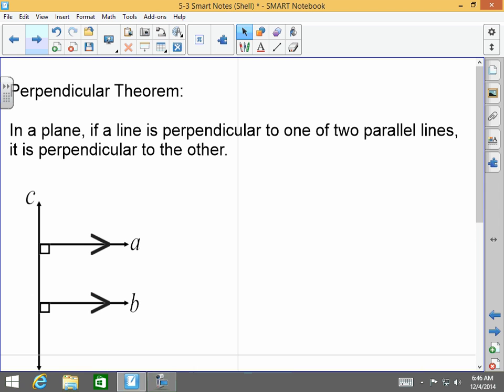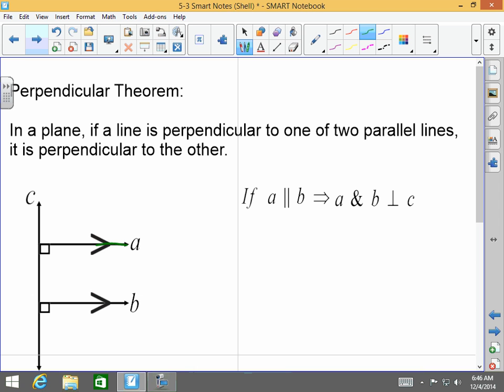So what this is saying is if I have line A parallel to line B, and I tell you that line C is perpendicular to A, then it has to be perpendicular to B. If A and B are parallel, then A and B are perpendicular to C, as long as C is perpendicular to one of these.